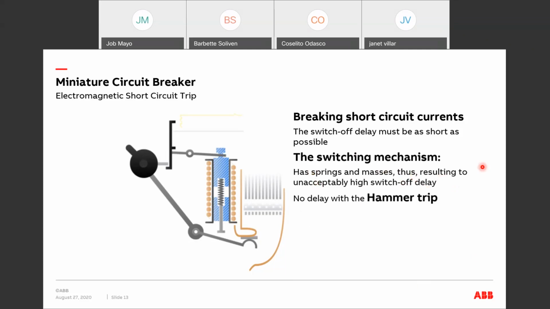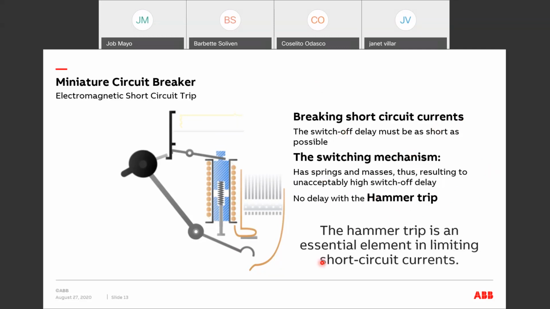What's important here is the hammer trip function of the electromagnetic short circuit trip, primarily because this speeds up the breaking time of the circuit breaker during short circuit anomalies. So the hammer trip is an essential element in limiting short circuit current. Later I'll show you how it operates during short circuit.